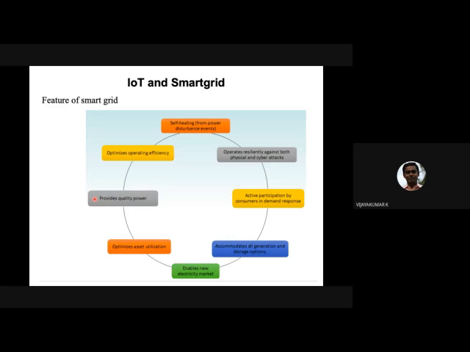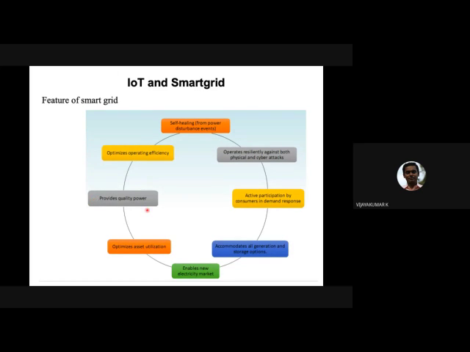So even during the peak period, I get power 24/7 as I'm connected to the network, but depending upon the situation, the price of the power will change. And as a consumer, I'm satisfied that I get the power whenever it's a critical condition.